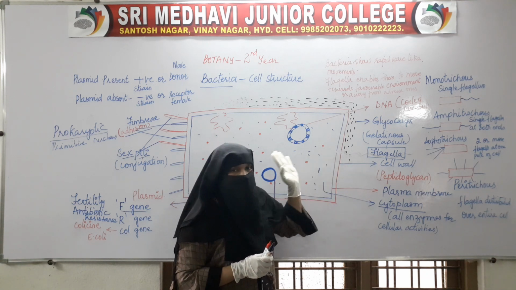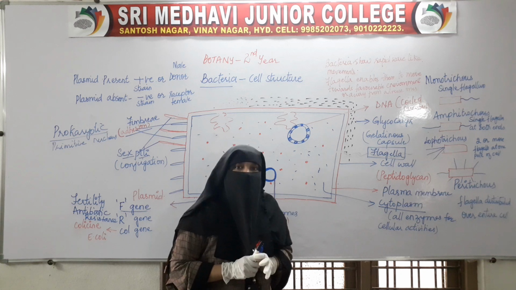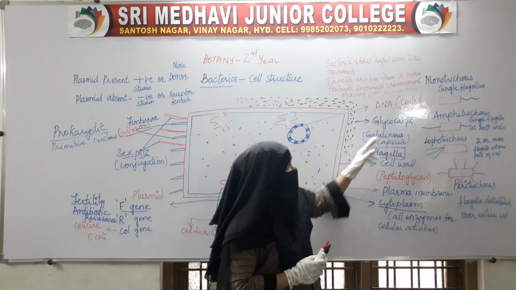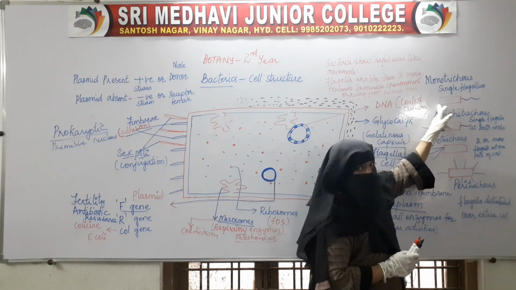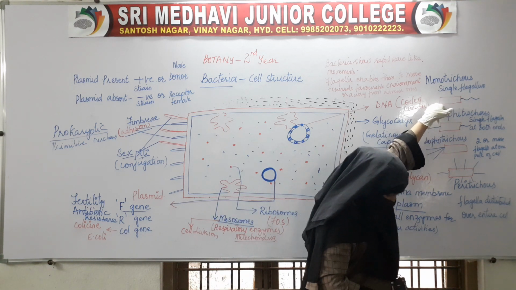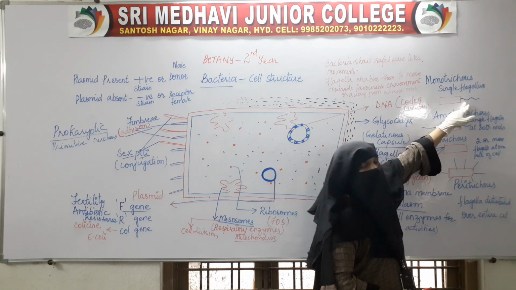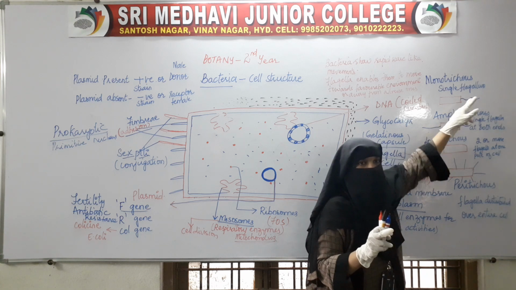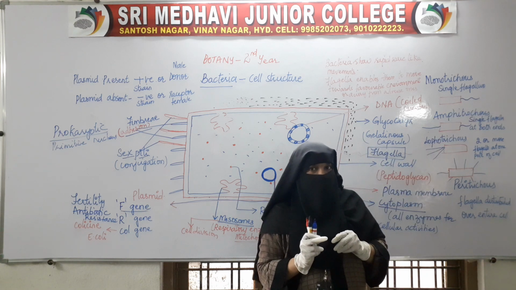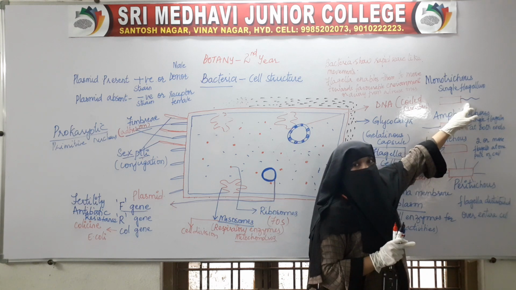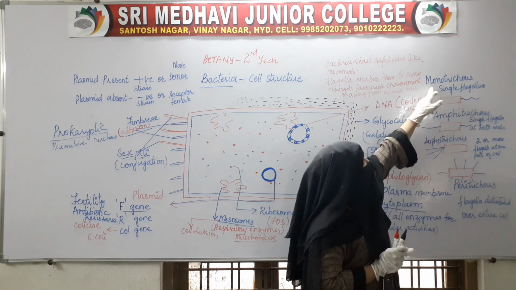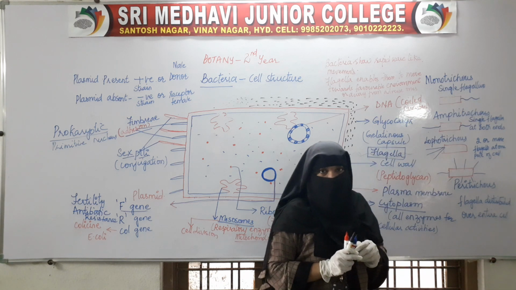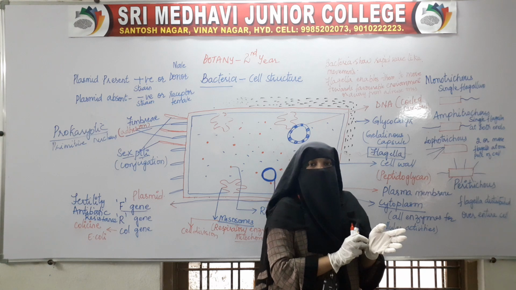So flagella will be present, and based on the flagella, how many are there? For example, this is the Bacillus bacterial structure, rod shaped bacteria. If a bacterium has only one flagellum at one end, one polar end of the cell, then it is called monotrichous, single flagellum.